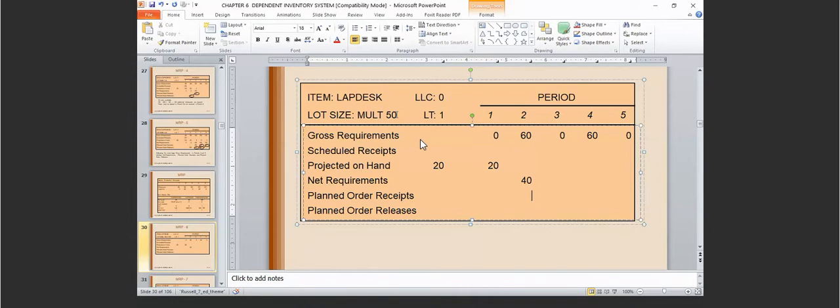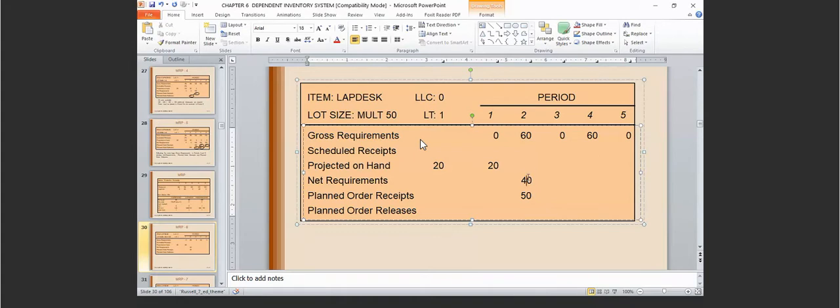So the order must be in multiple quantity of 50 unit. Let's say for the net requirement of 40 unit, the multiple quantity of 50 unit will be 50 unit for the planned order receipt in period 2.